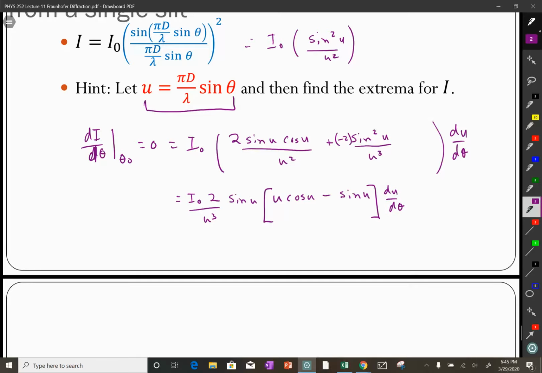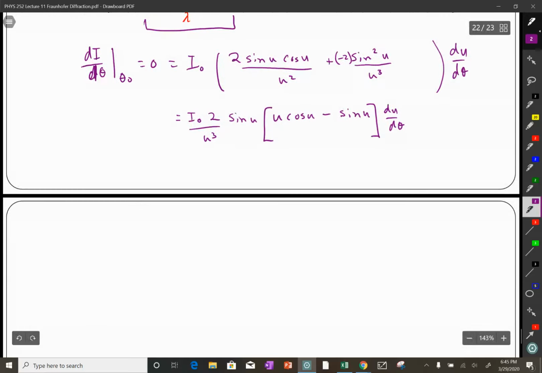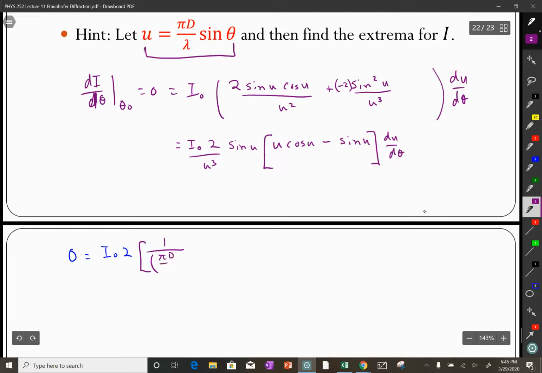So here I've done everything in terms of the u's. Now I'm going to substitute in kind of specially. So this is 0 equals I0, 2. That's constants. Not worried about constants. 1 over (pi d over lambda sine theta) cubed. There's my first part.